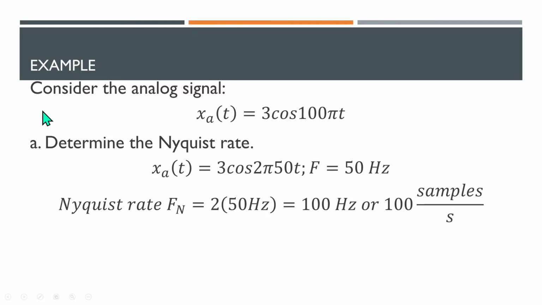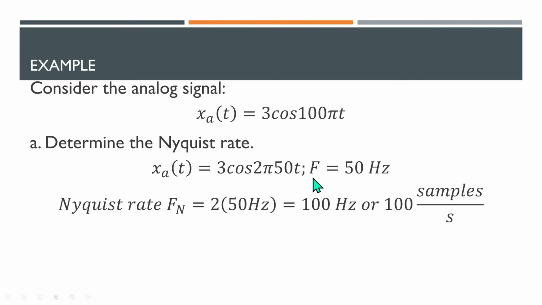Another example. Consider the analog signal x_a(t) equals 3 times cosine of 100πt. Letter A, determine the Nyquist rate. x_a(t) equals 3 times cosine of 2π50t. This is the factored out version of our given signal.